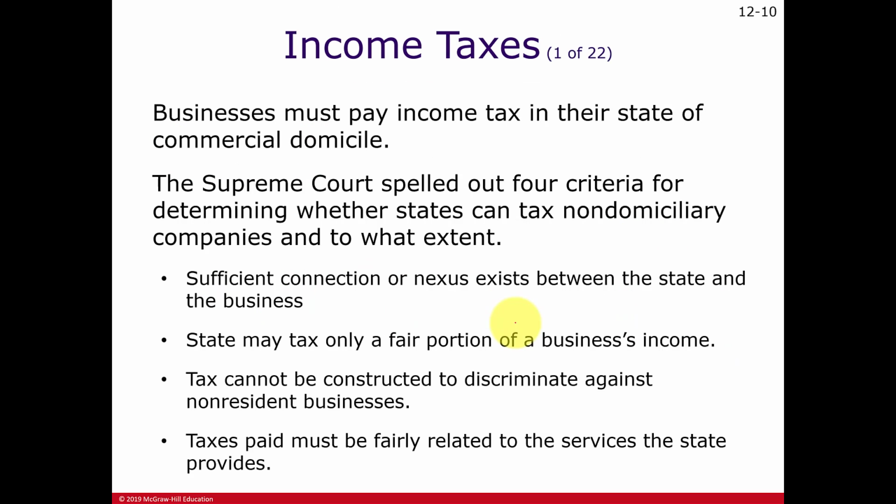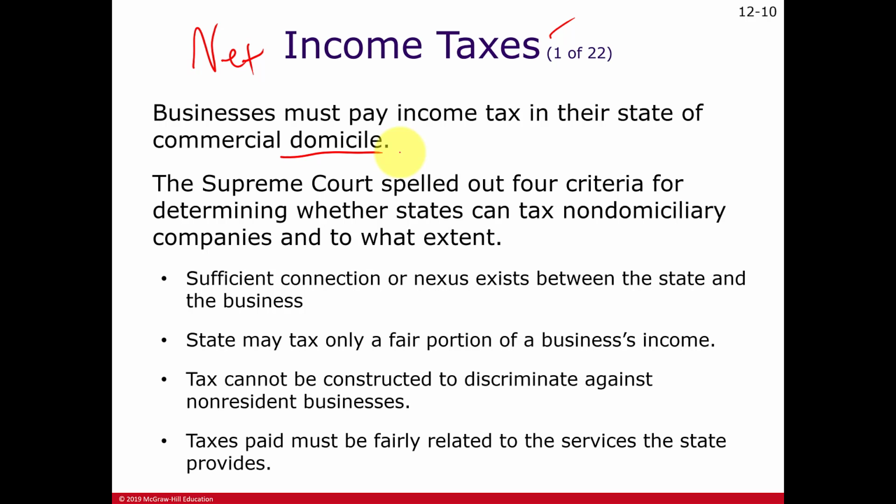Let's shift our tax now to income taxes. This is better called net income tax. Net meaning gross income minus deductions to get net taxable income. So again, we have to have some type of domicile state where we're headquartered.